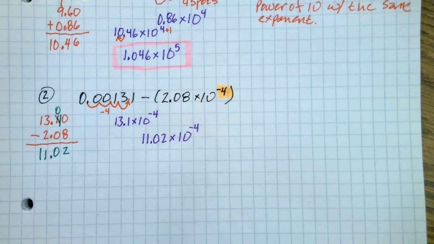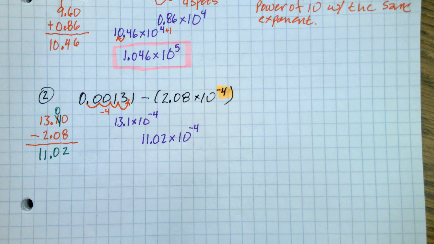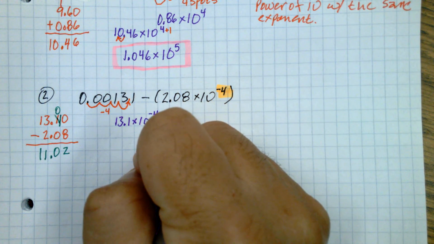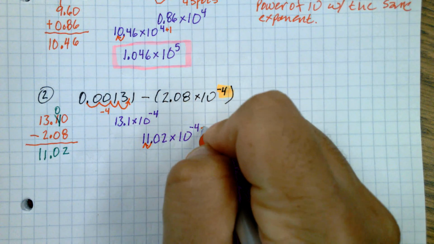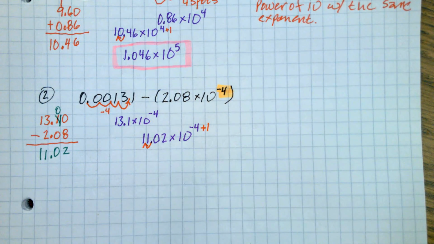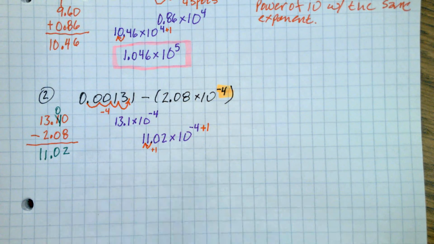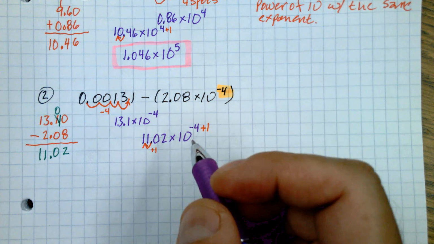So same as before though. 11's too big. Gotta fix it. Gotta go one spot to the left. So that, remember, adds 1 here. That's the addition move. So my final answer is going to be what, guys?